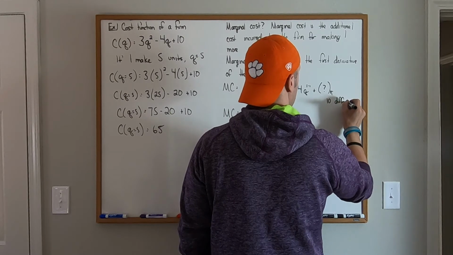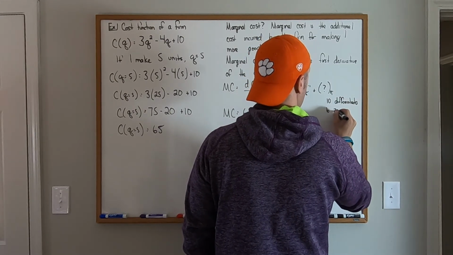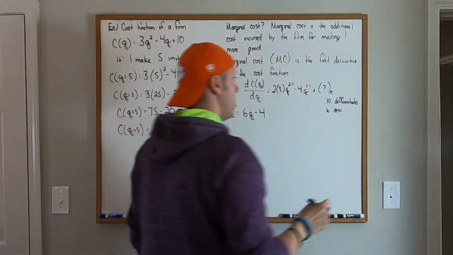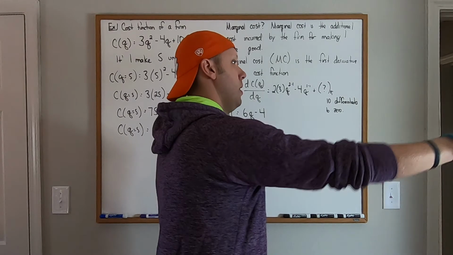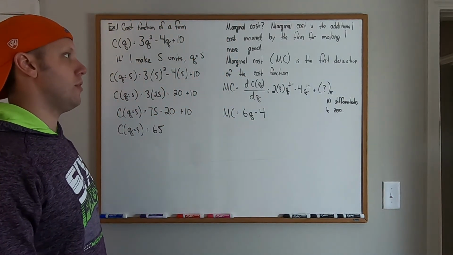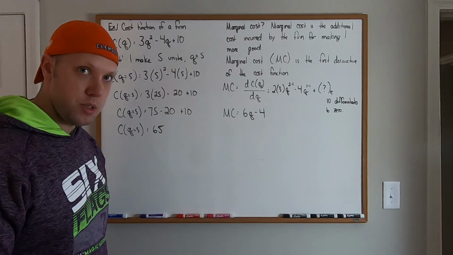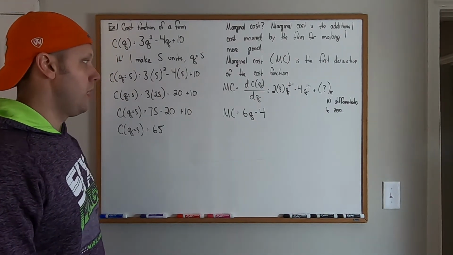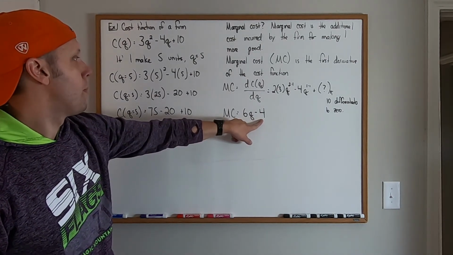It's just a flat line. There is no rise to its run. If we were to differentiate it, it would differentiate down to 0. So the marginal cost is 6q minus 4.